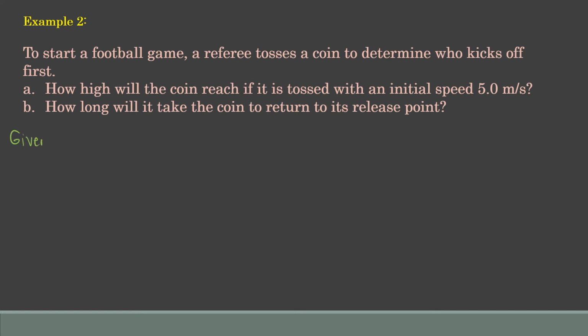Of course, our g is still going to be negative 9.8 meters per second squared. Even if the motion is upward, g is always downward. And then we have here 5.0 meters per second. That is our v sub 1.